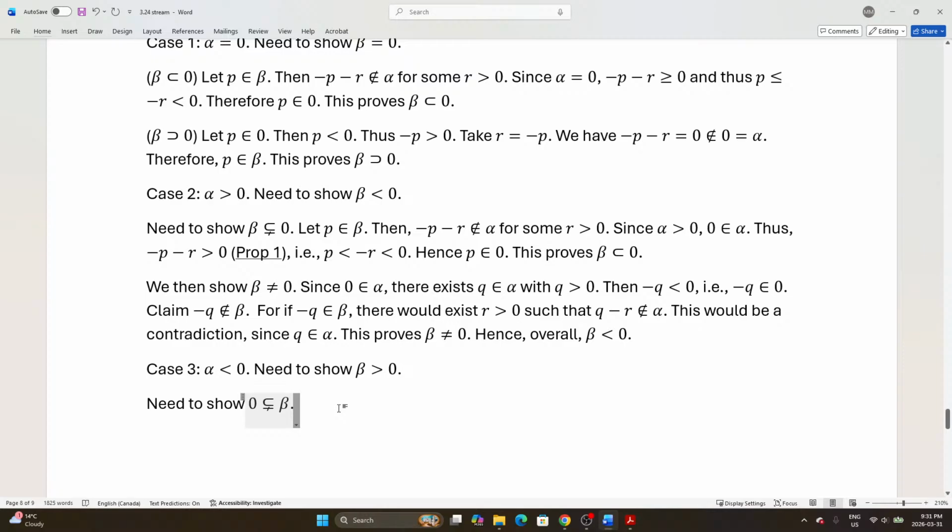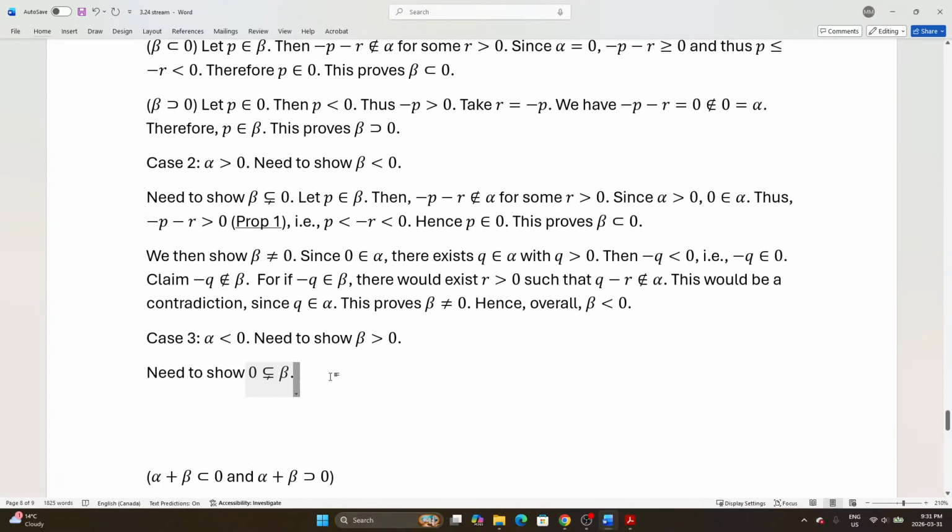Let... the thing is, how do I use this condition? Because if I have, let's say, an arbitrary element p in zero, it is negative, but we don't know its relationship with alpha.